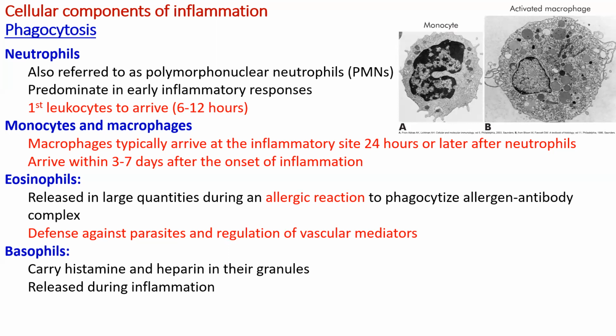Monocytes and macrophages. The monocytes are produced in the bone marrow, then they will enter the circulation and migrate to the inflammatory site, where they develop into macrophages.